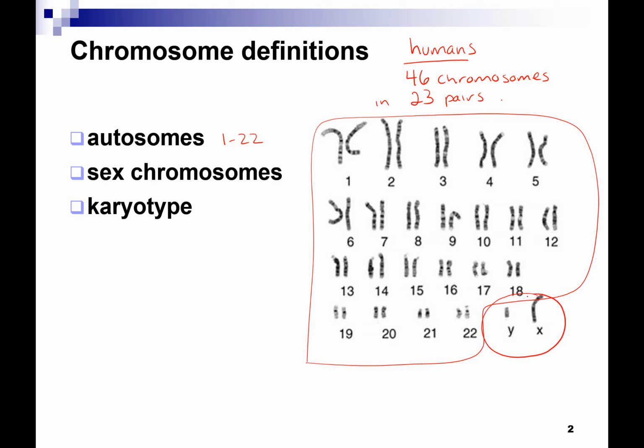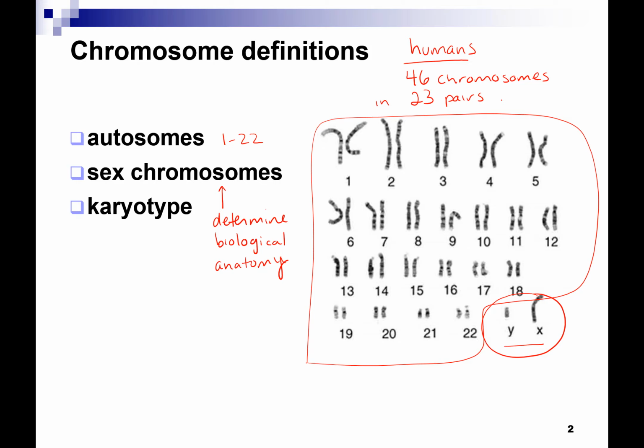And then the 23rd pair are your sex chromosomes. And sex chromosomes determine your biological anatomy. Right? Whether you'll have male parts, female parts.